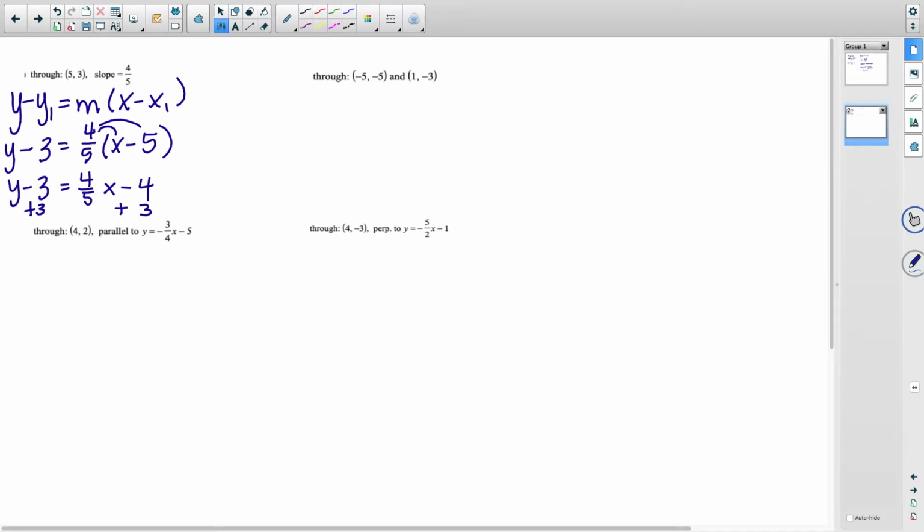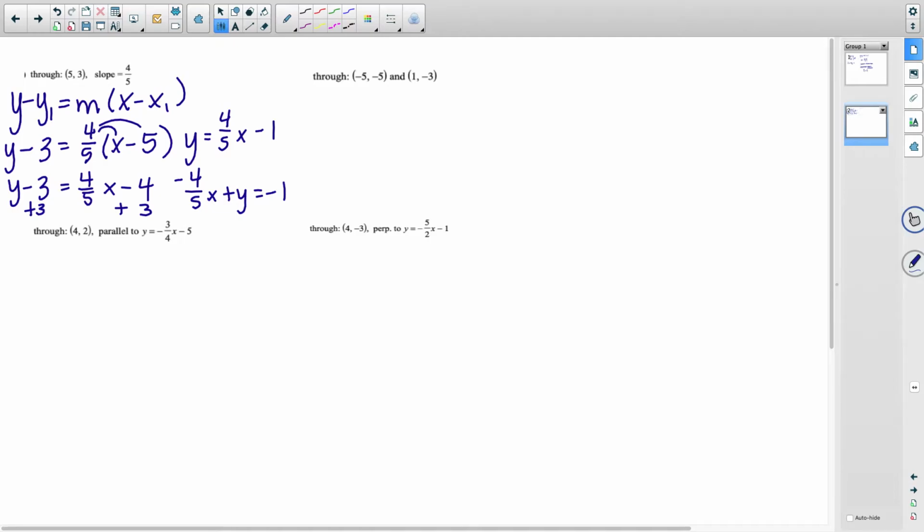So you're going to get y equals 4/5 x minus 1. Now, if the directions say leave in slope-intercept form, you are finished. If the direction said leave in standard form, that is when you would move this 4/5 x over and you would get -4/5 x plus y equals -1.